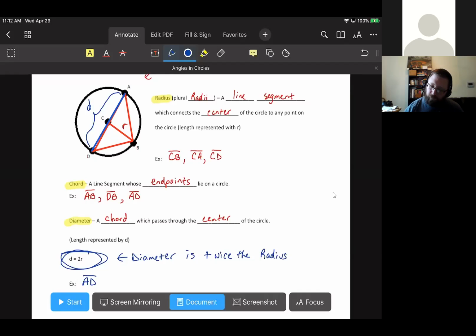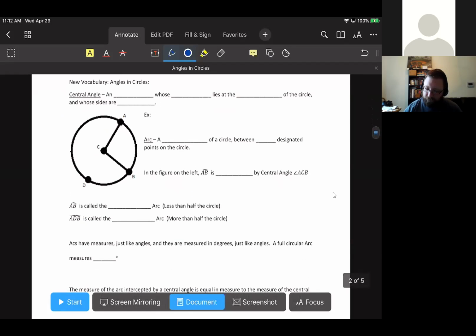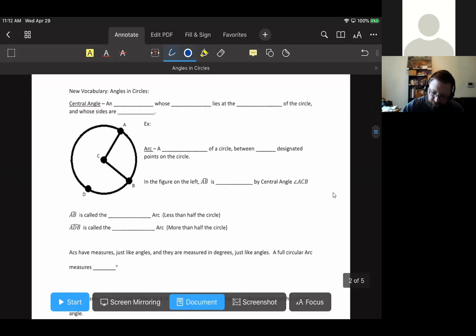Okay, so we're going to move on into discussing new vocabulary, and we will start with this idea of a central angle. And this is something that the kids get these two types of angles in circles confused every year, every time I teach this. So please, please, please pay close attention to this new vocabulary. A central angle is an angle whose vertex lies at the center of the circle and whose sides are radii.